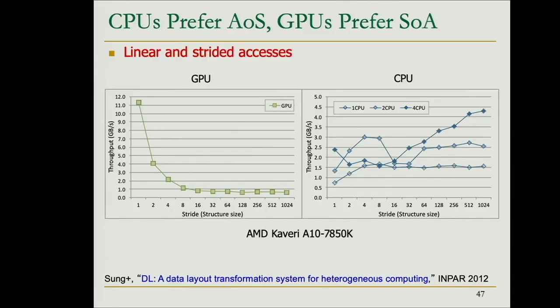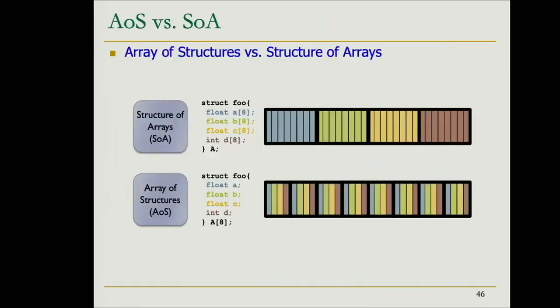However, if you compare that to a CPU, it's kind of different. In the CPU, it looks not so irregular, but you see that in general, CPUs are fine with having larger structures. And why is that? Because in CPUs, you typically have one single thread or maybe 2 threads or something like that.